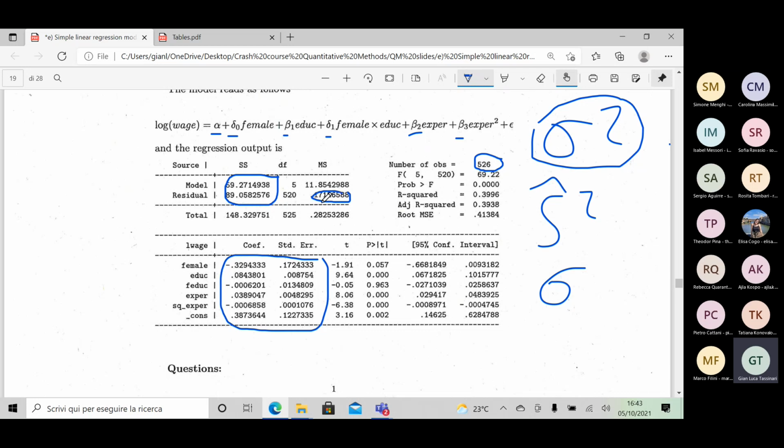If you take the square root of this number, you get the root mean square error, S hat. As I told you before, it can also be called the standard error of the regression.